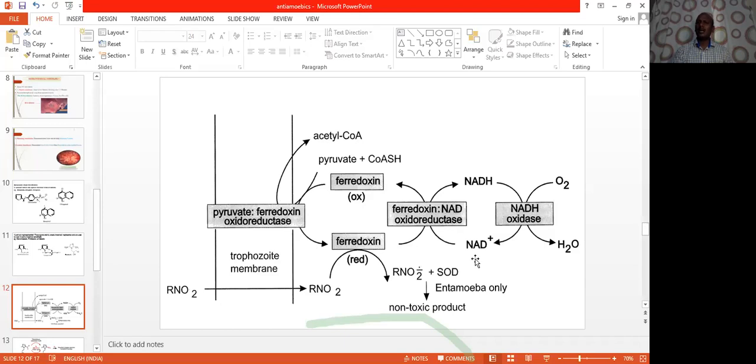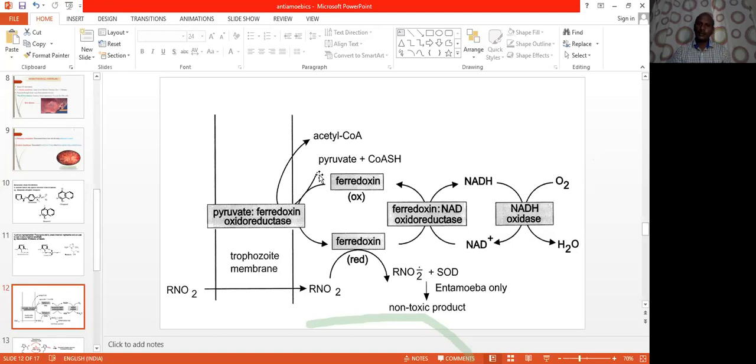Through oxidation and reduction reactions, the electrons are transferred to oxygen, and finally this is utilized to generate the energy, that is ATPs. That is oxidative phosphorylation. In the same way, Entamoeba also has metabolic reactions.